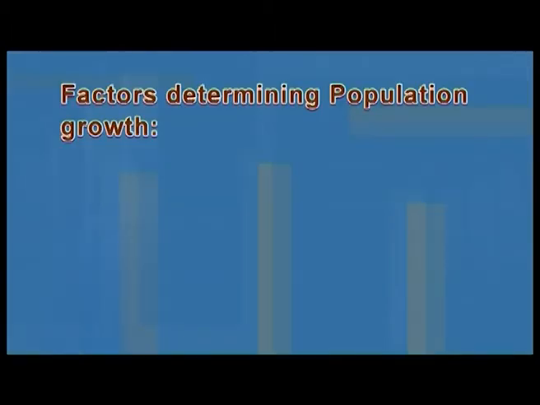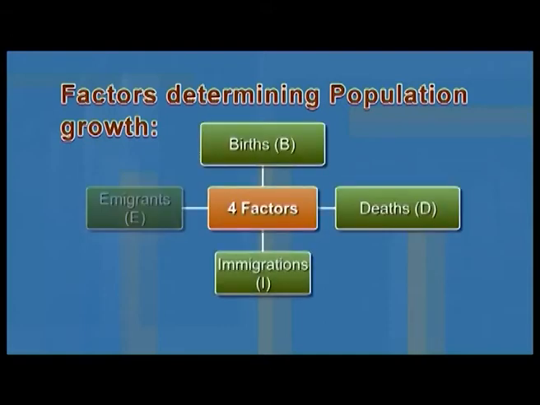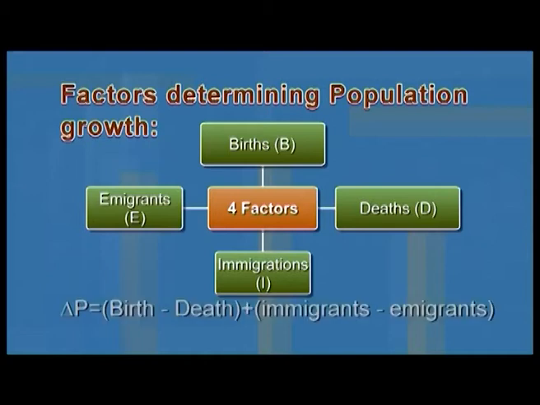Population growth is determined by four factors: births, deaths, immigrants, and emigrants. The formula is expressed as delta P equals birth minus death plus immigrants minus emigrants.